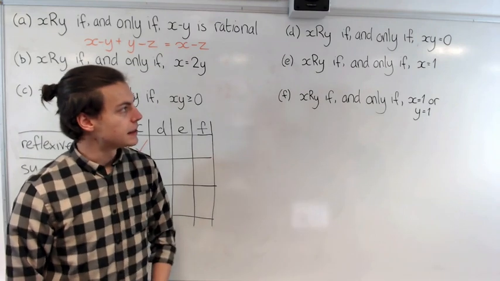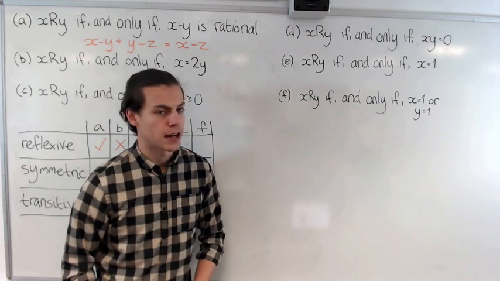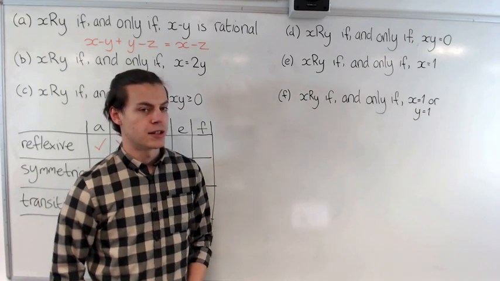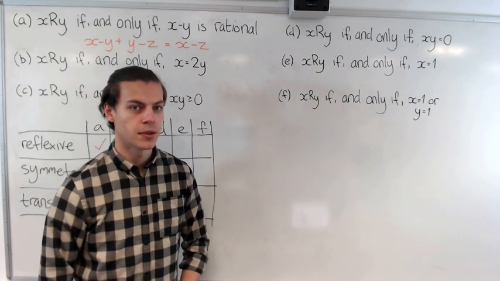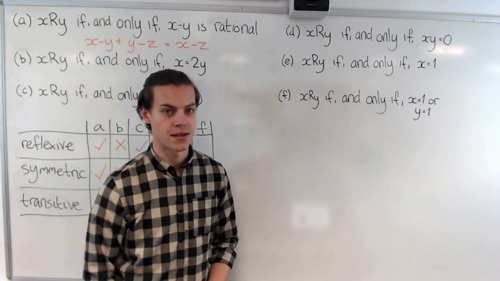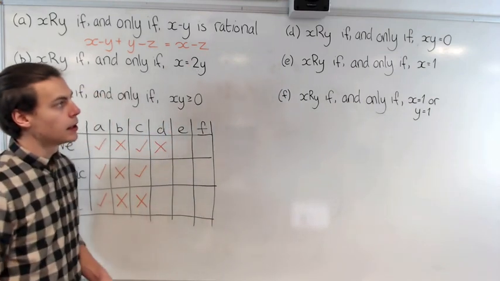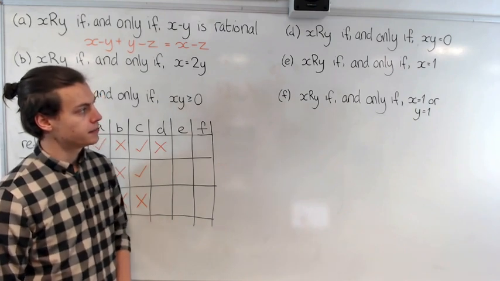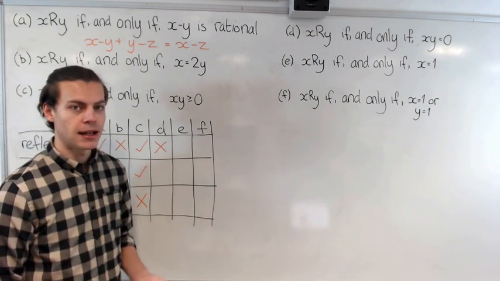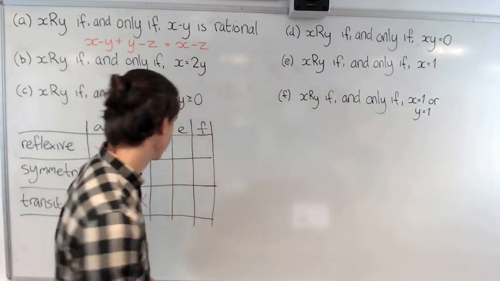Now let's look at relation D. X is related to y if and only if x times y equals 0. Is this relation reflexive? No, right? 1 is not related to itself, for example, since 1 squared is not 0. Is this relation symmetric? Well, yeah. Again, x times y is the same as y times x, so if x is related to y, then of course y is related to x.